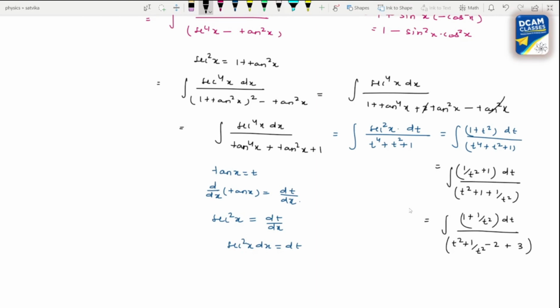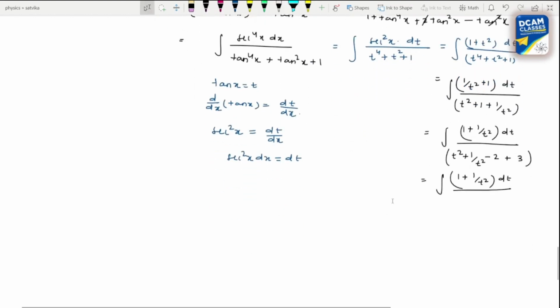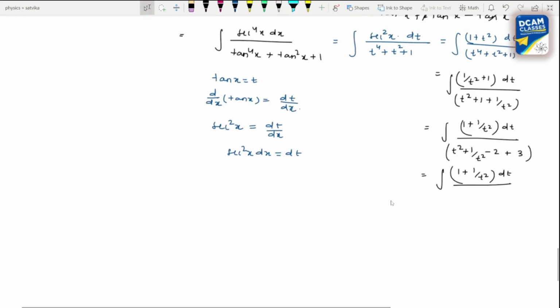Now, focus on the denominator. 1 plus 1 by t square dt divided by this whole thing, which will become t minus 1 by t whole square plus root 3 whole square.